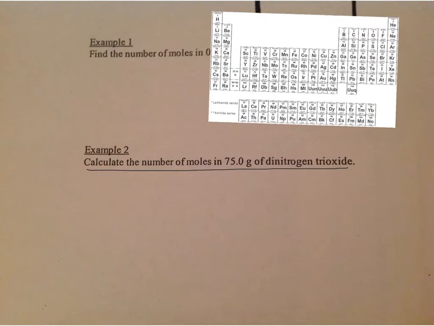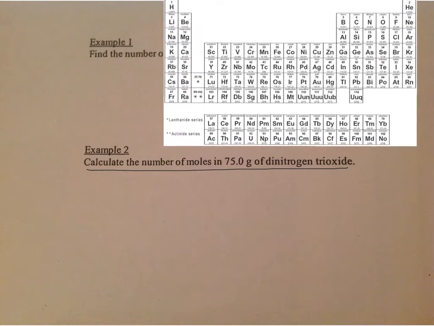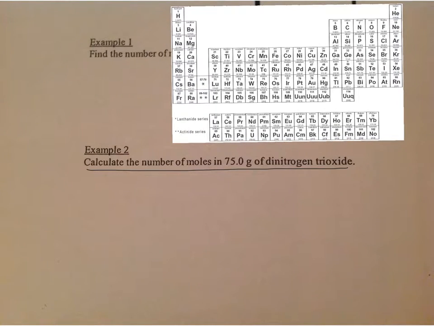Now, you may recall that when you have the prefixes, you will write a formula by just having the number. So dinitrogen, there's 2 nitrogen, trioxide means 3 oxygen. So it's N2O3. We are solving for moles, okay, as asked, calculate the number of moles.